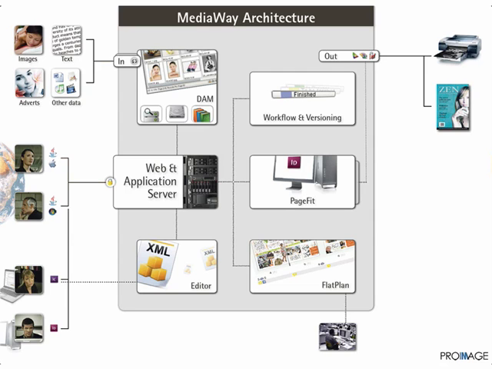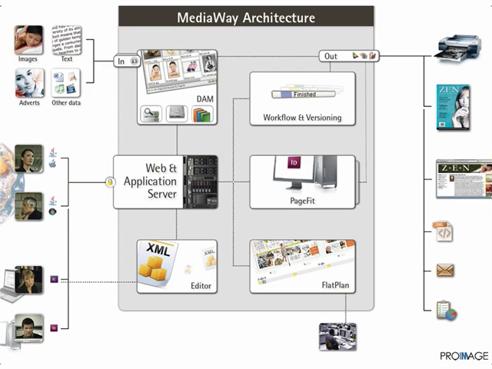And whenever a user changes the status of such an article or page, this can once again be tied to our output module. And this allows us to add automation. For example, as soon as a page is finished, it can automatically generate a PDF or send an email or MediaWay message to people informing them that the page is available.